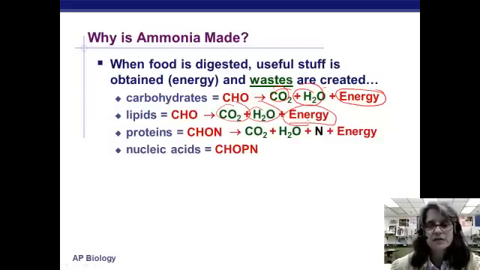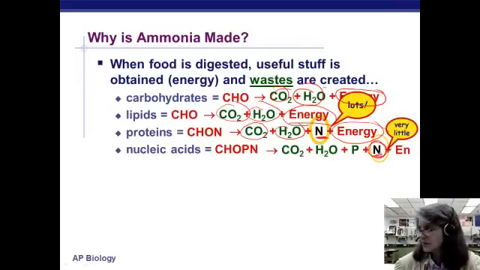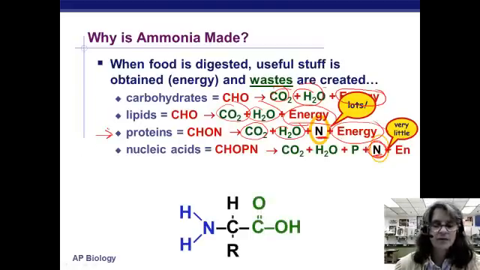If you break down proteins, you're going to get these waste byproducts and some energy that you want. But, whoa, that's the toxic stuff that we don't want. And same goes for nucleic acids. If you break those down, you're going to get some of this toxic stuff that we don't want. So, the main source of this toxic nitrogen is protein. Okay, when we break it down.